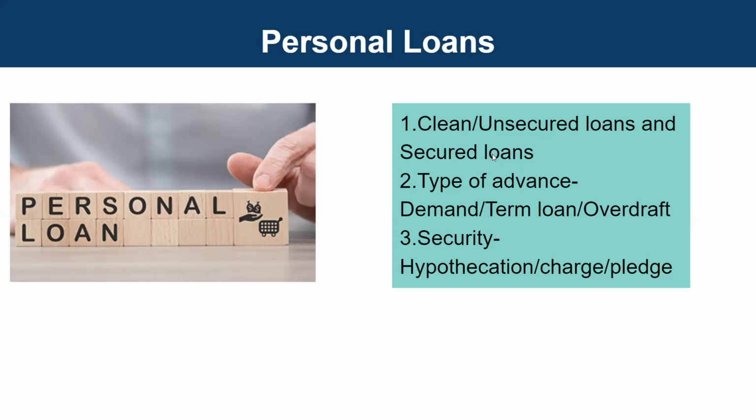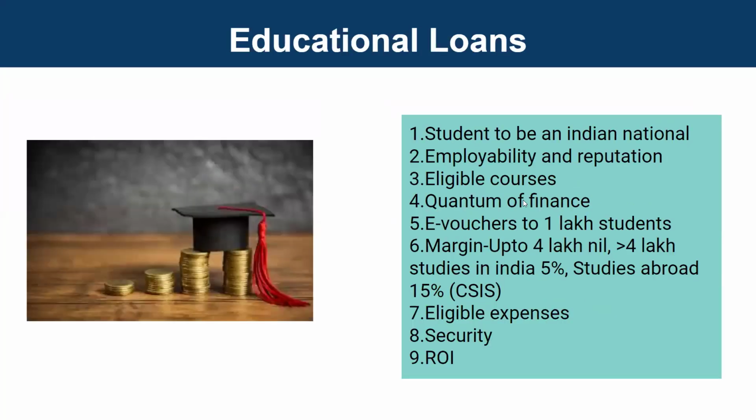The type of advance is usually demand or term loan or overdraft facility. The security is usually hypothecation charges on assets, collateral security in the form of pledging of gold or Kisan Vikas Patra, bonds, LIC policies, etc. So this is about the personal loans.